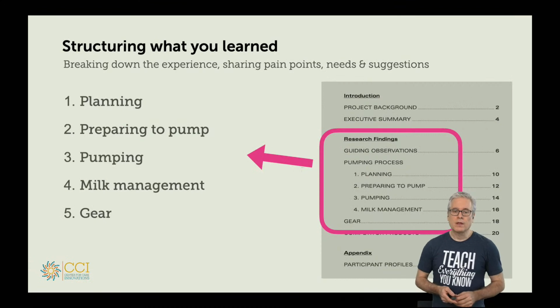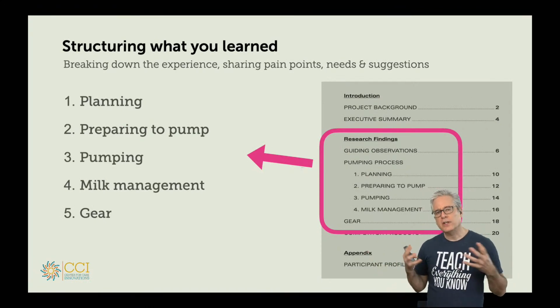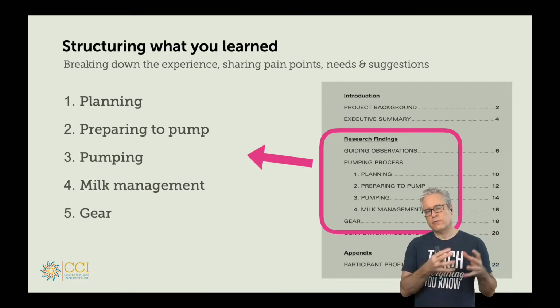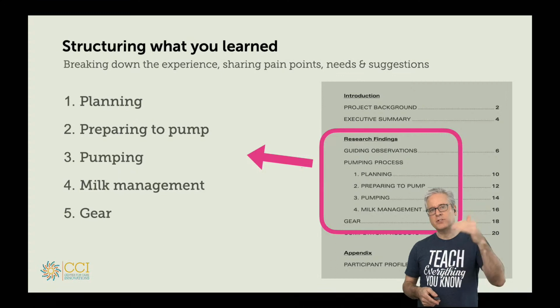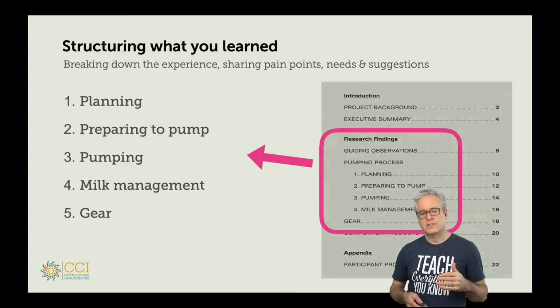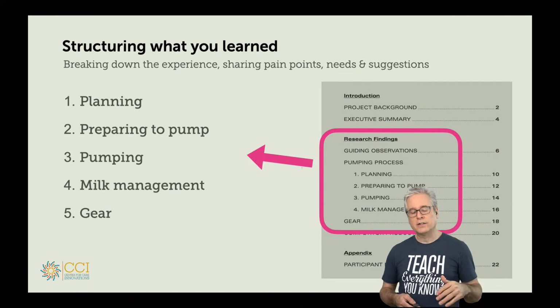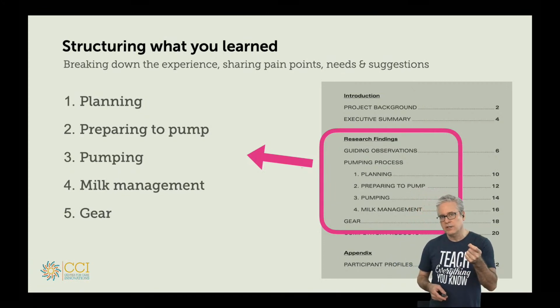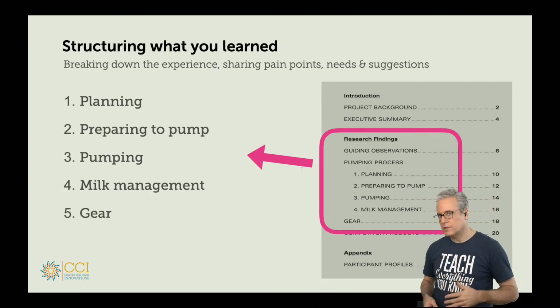Okay. And then finally, we take the bulk of the interview information that we've created, that we've turned into themes or topics, and we lay out a document with a page or two for each one of these areas that matter. So in this case, it was planning, preparing to pump, pumping, milk management, and gear. You can see it has elements of the journey map, but it's not an articulation of all the steps in the journey map.